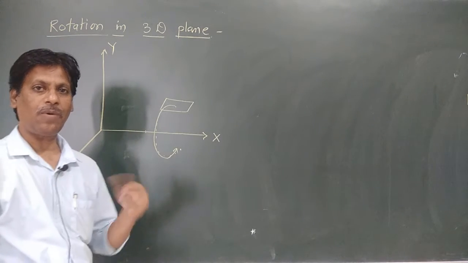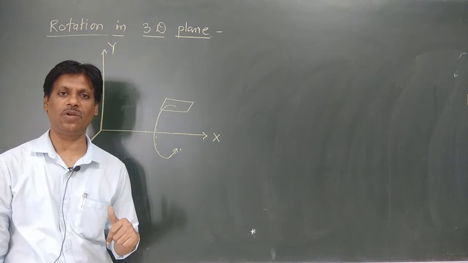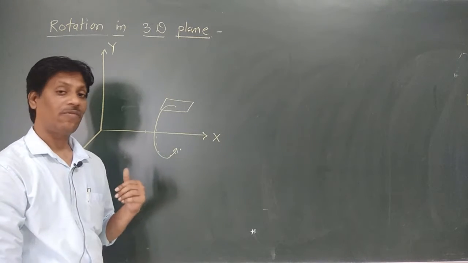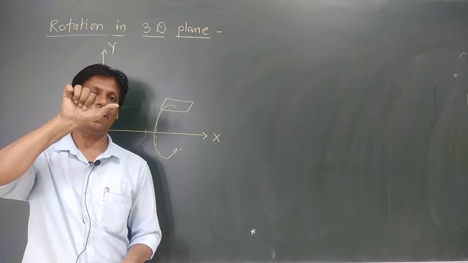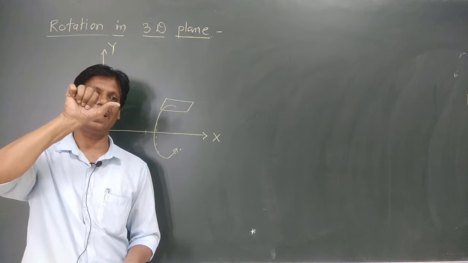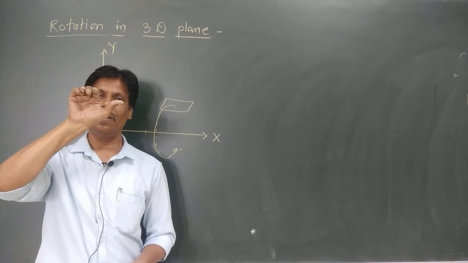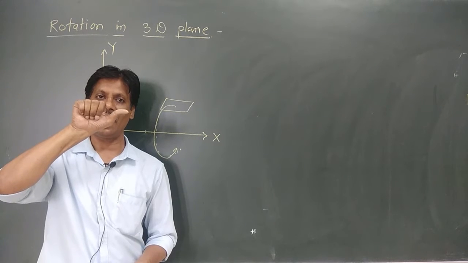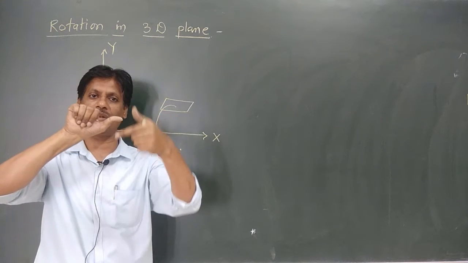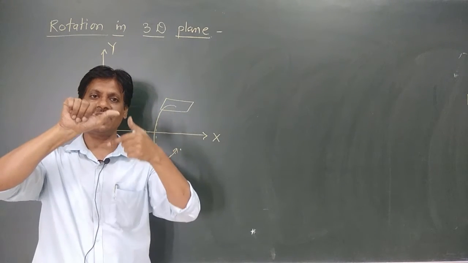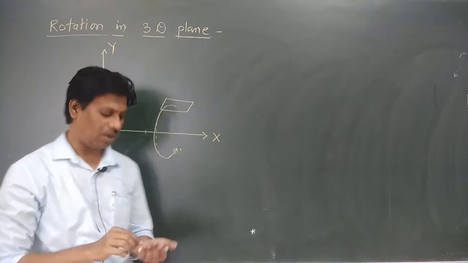To identify whether it is a positive or negative rotation about the x-axis, we have to use the right hand thumb rule. Keep the thumb in the direction of the positive x-axis, and then see the direction of the fingers moving about that thumb. If the fingers are moving in this direction, then the rotation about the x-axis in this direction is the positive rotation. Opposite of that is a negative rotation.